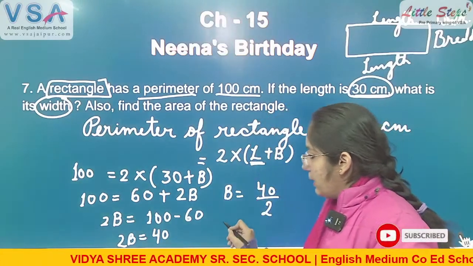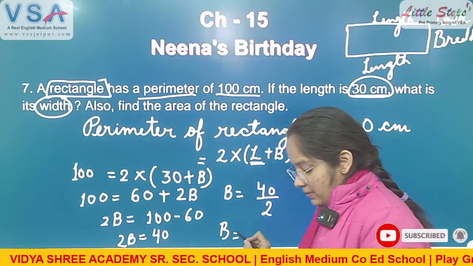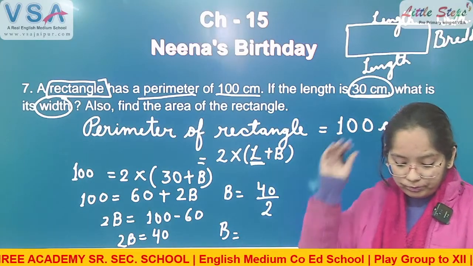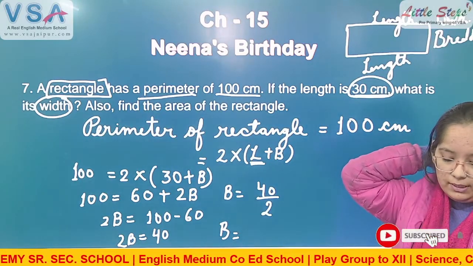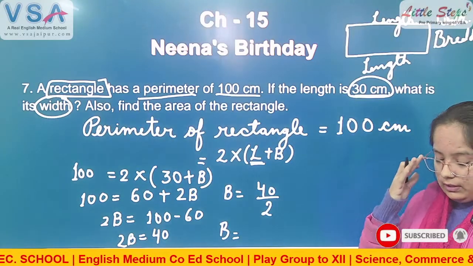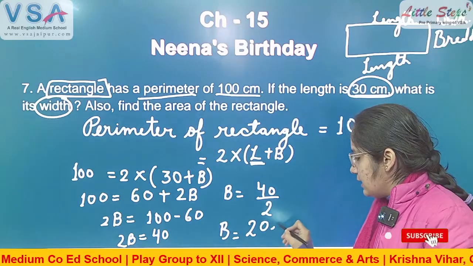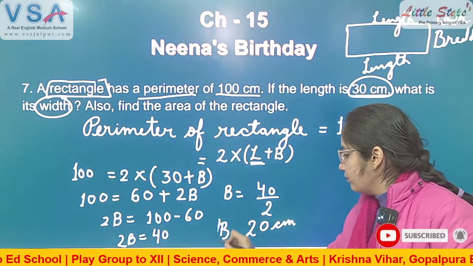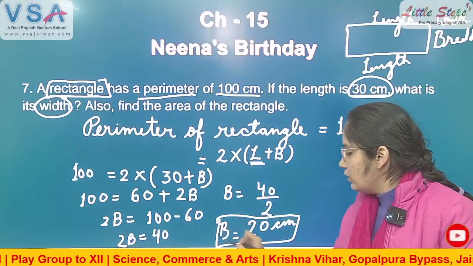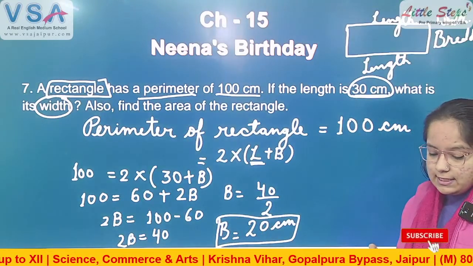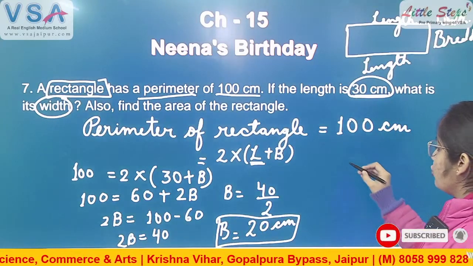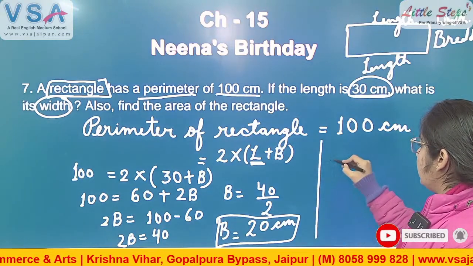What is 40 divided by 2? Can you tell me? Yes, 40 divided by 2 will be 20 centimeter. So breadth is 20 centimeter. Next, what do we have to find? We have to find the area of the rectangle.